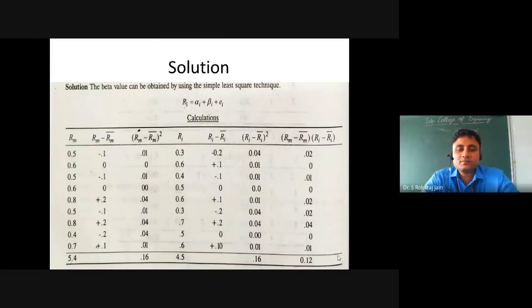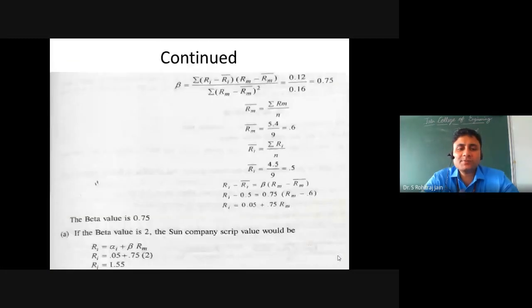Correct? Why I use this particular equation, y is equal to mx plus c. Similarly, Ri is equal to alpha plus beta into Rm. So here, alpha value, just now we have solved over there. In Ri is equal to 0.05 plus 0.75 into Rm, we got the value of alpha.